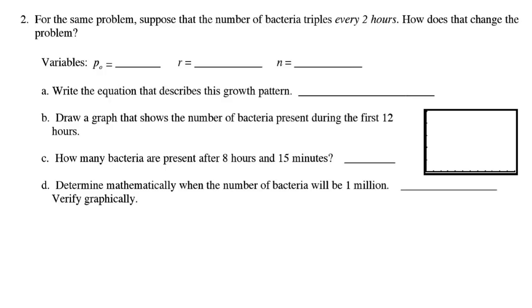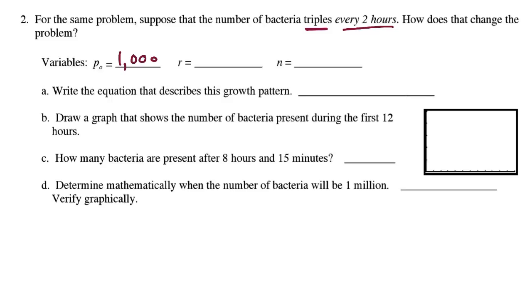Okay, for our second example, it's saying that we're going to use the same bacteria as the original, but this time we are tripling every 2 hours. So we triple every 2 hours, and how does that change the problem? Well, our initial bacteria will still be the same, so we know that is 1,000.